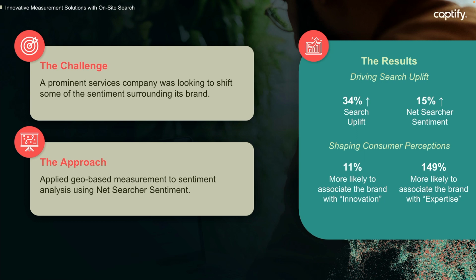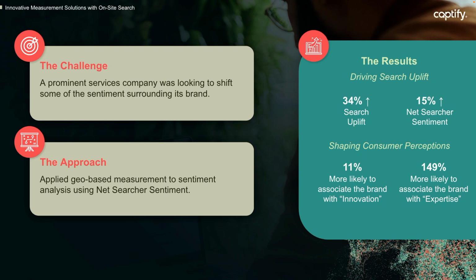So being able, in this case, a CTV campaign, being able to understand the effect of a CTV campaign in improving not just awareness, which is a very common outcome metric, but sentiment towards your brand is a real powerful tool in your tool belt.